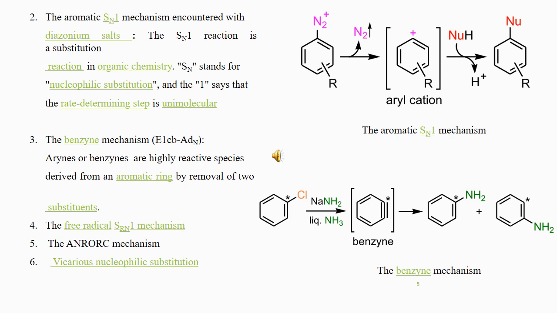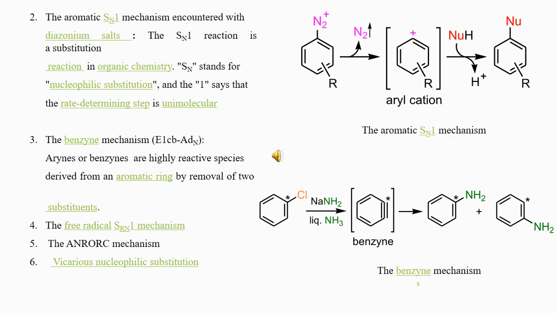Now you can see the reaction on the right hand side, the lower one. There is a chloro attached to the aromatic ring, but with the use of sodamide in liquid ammonia, that chloro is removed, and then a triple bond is formed between the carbon that had the chlorine and the lower carbon. So the intermediate benzyne has been detected.